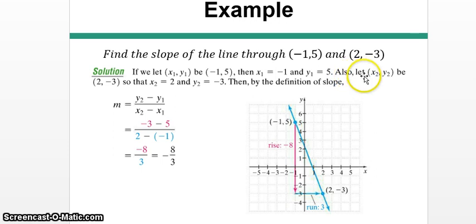Also let (x2, y2) be (2, -3), so that x2 equal to 2 and y2 equal to -3.